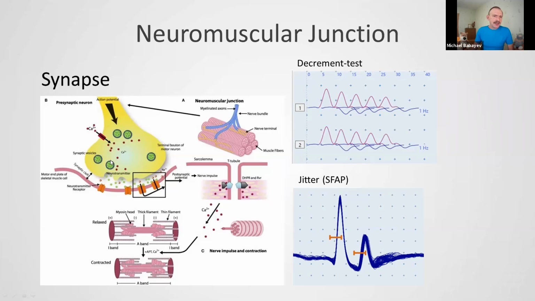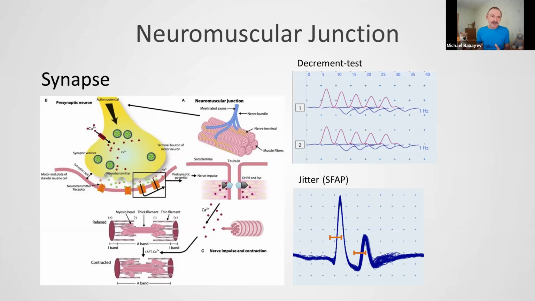These bubbles contain neurotransmitter fluid. Normally, each terminal has a few thousand such small bubbles. And when an electrical signal comes from the brain, these synaptic vesicles go to the synaptic cleft and eject their fluid here. And so the signal can be transferred to the muscle fiber, and the muscle fiber can start its contraction.